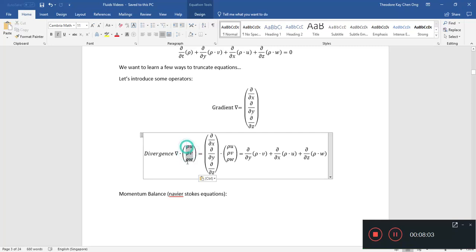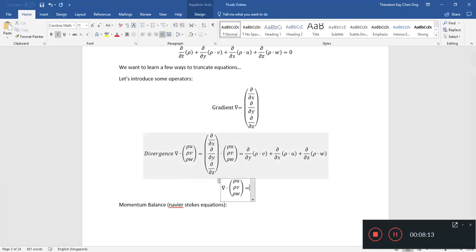Now we can just factorize out this gradient, this density here. Okay, so we have this. Let's factorize out the density. Rho dot, let's use v or u.